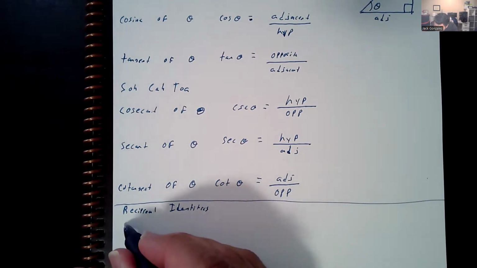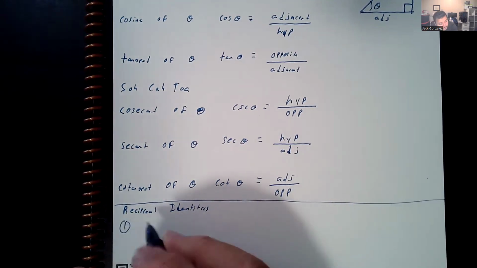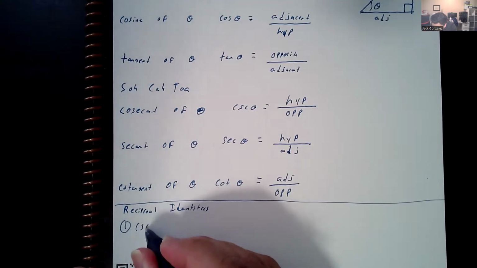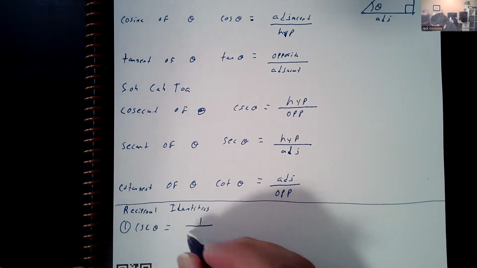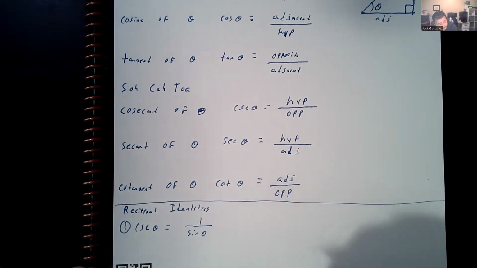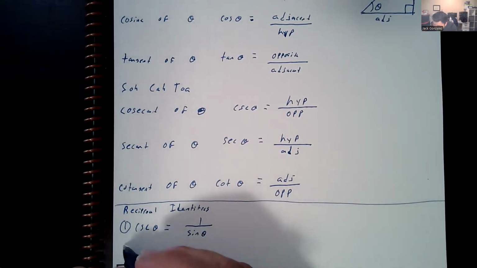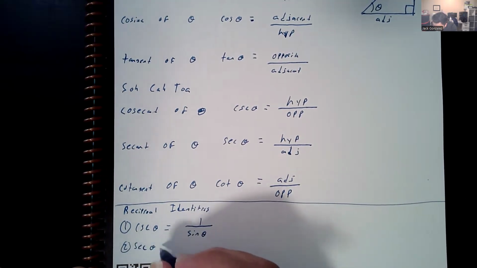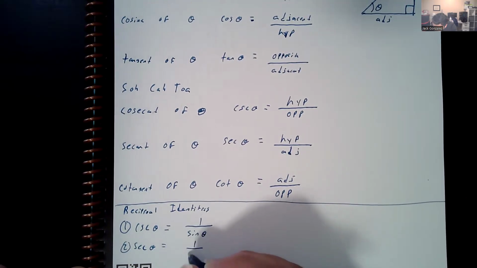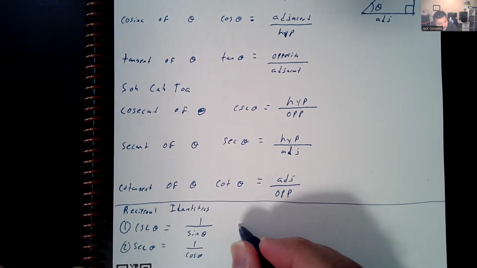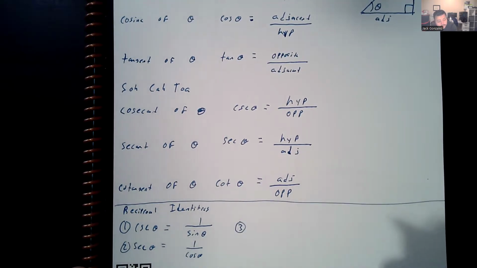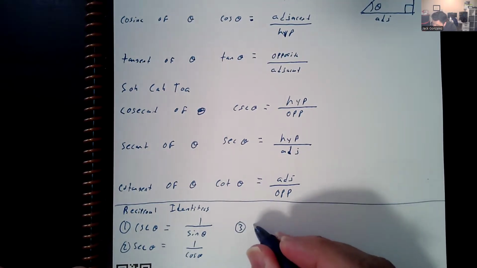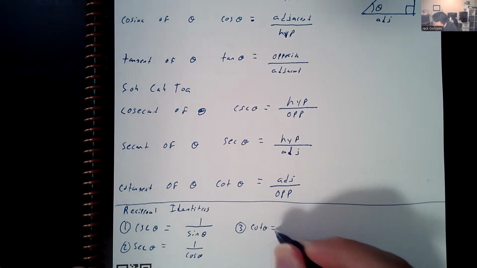Number one, we said cosecant theta is equal to 1 over sine. Number two, secant theta is equal to 1 over cosine. Number three, cotangent is equal to 1 over tan.